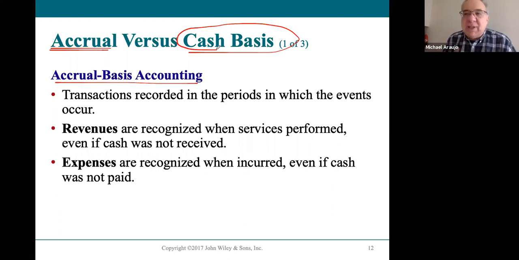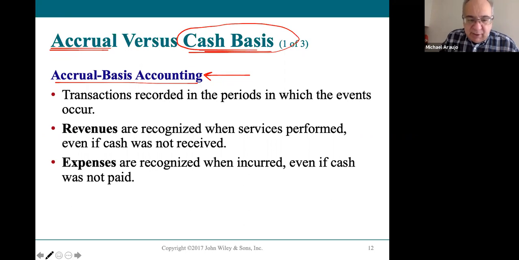Okay. And so small businesses, sole proprietorships, partnerships, they can use the cash basis, but not corporations, particularly if they're public corporations. They have to use the accrual basis, which is what you're learning. But that's the big difference.